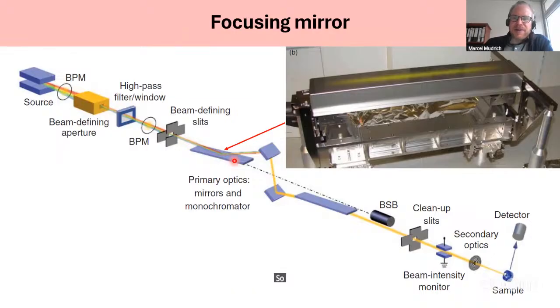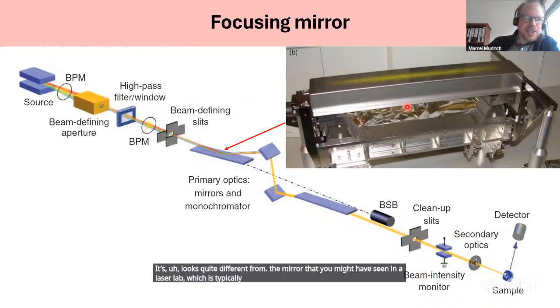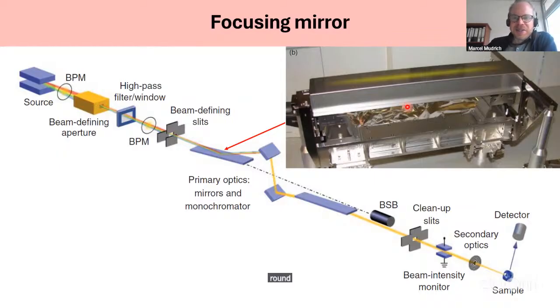So a typical X-ray mirror is shown here on this photograph. It looks quite different from the mirror that you might have seen in a laser lab, which is typically a 1-inch round silver coated glass substrate or so. For X-rays, we need grazing incidence to get a decent reflectivity, which means these mirrors are quite elongated.